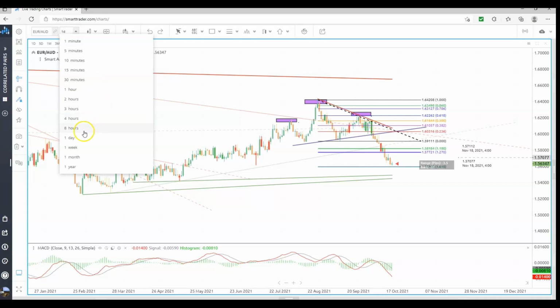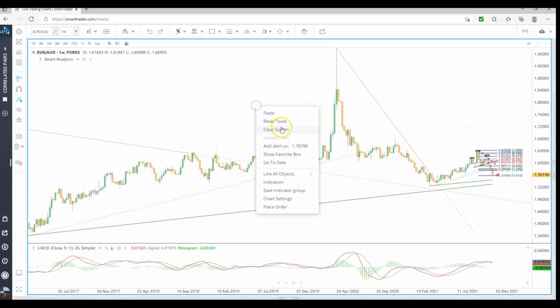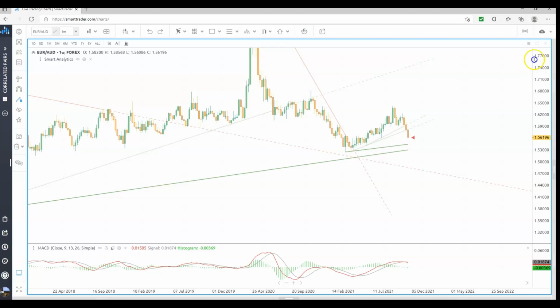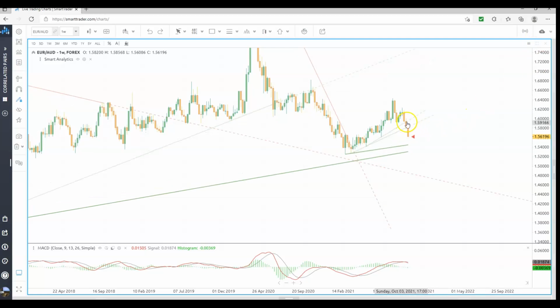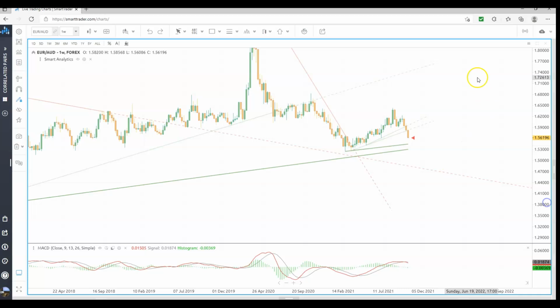Okay, let's look at the weekly chart and see what it was giving us. Notice the weekly chart had a trend line break here. That was the entry on the weekly chart right there. Okay, and then it broke that trend line, and now it continues, and I'm hoping it can go all the way down to this trend line on the weekly chart.